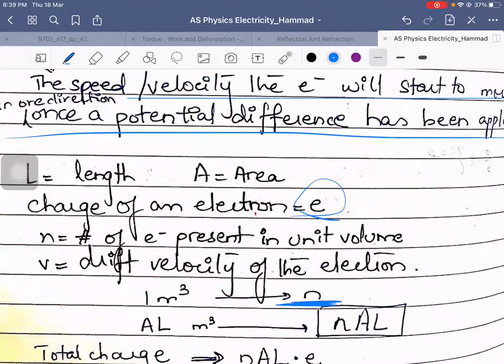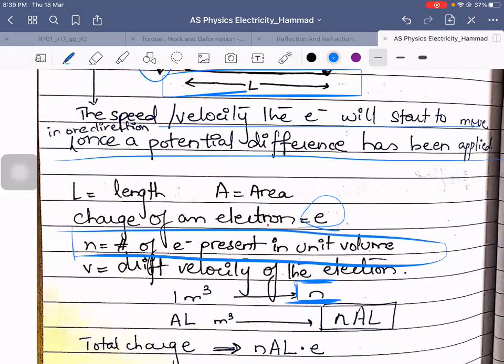Number of electrons per unit volume can be represented by this ratio. If my volume increased by a factor of AL, I will simply multiply that value and therefore multiply that by N as well.